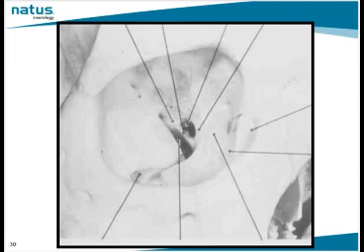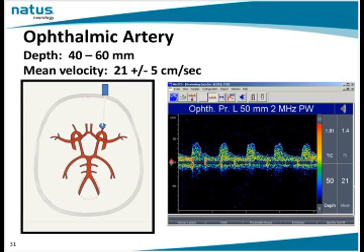Well, when we look at the orbit, you see there's these two orifices here. One of them, this one here, is where the optic nerve inserts, and this is the ophthalmic artery. So we've got these actual little holes that we're passing ultrasound through, and thus we don't need as much power as we do when we're at the areas that have bone. So this is our ophthalmic artery.